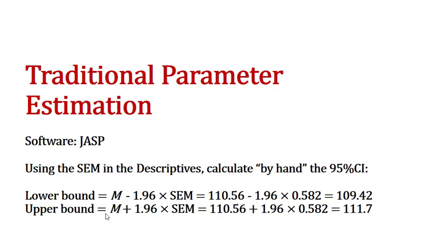And the upper bound of the 95% confidence interval is the mean plus 1.96 times the standard error of the mean, and that's 111.7. Okay, so that's the confidence interval for the mean of IQ.